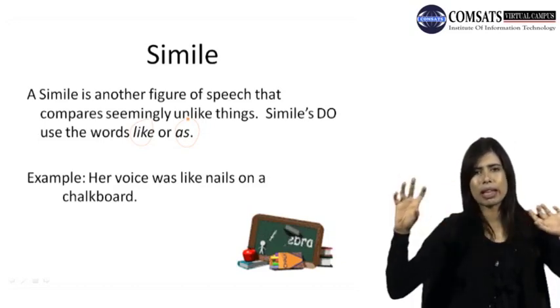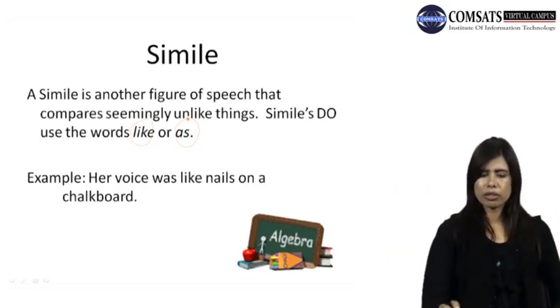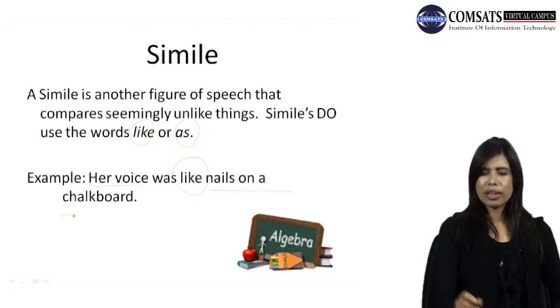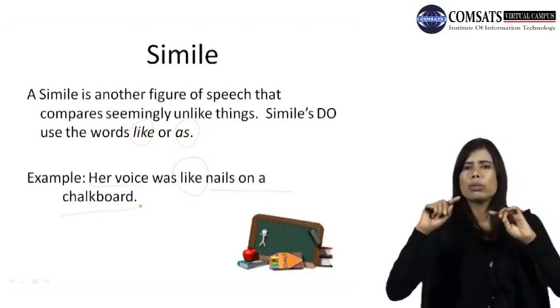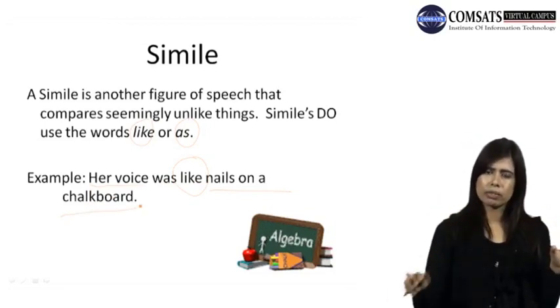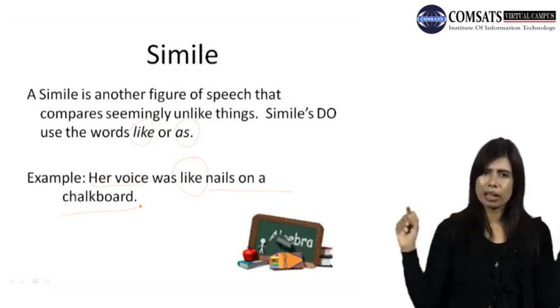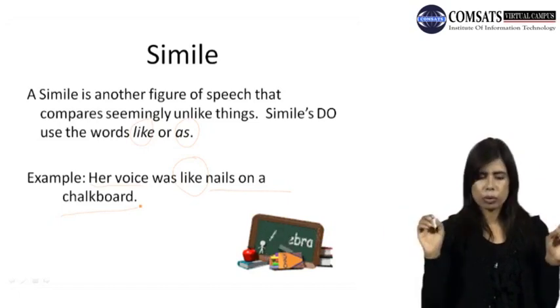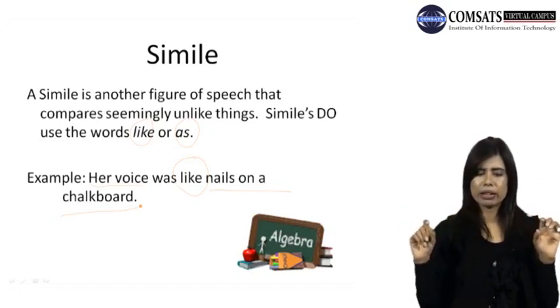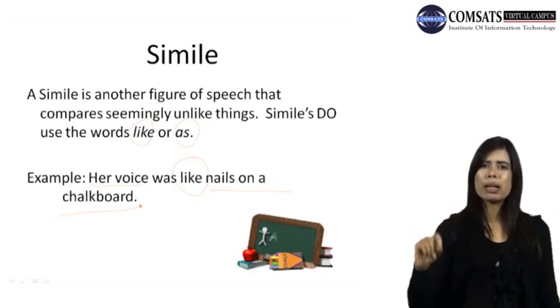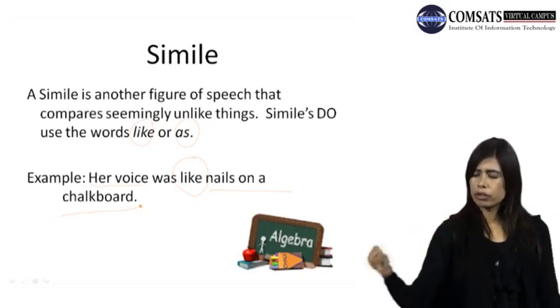Here you can see that this is not as direct as the metaphor was. We are comparing her voice with nails on a chalkboard. We are comparing two different entities by using the word like or as, and this is known as indirect comparison as well, fine. Her voice was like nails on a chalkboard. This is simile, another kind of figure of speech.